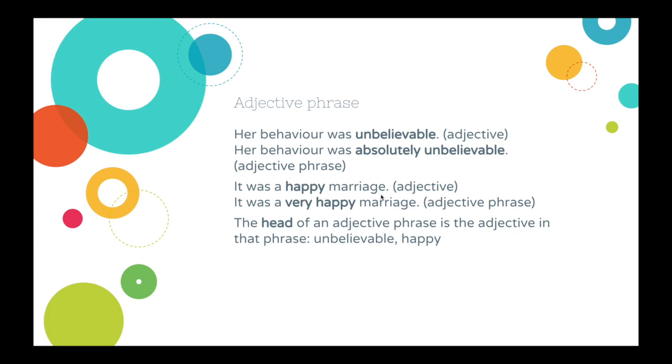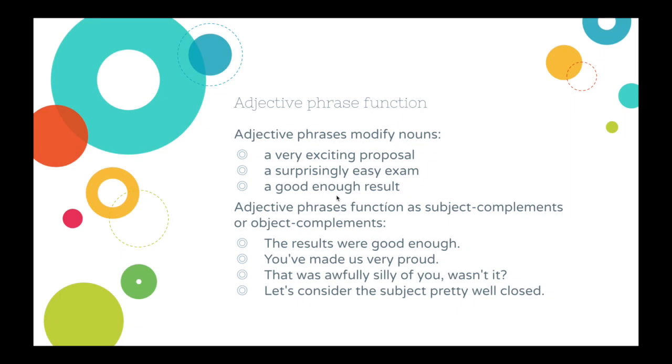Okay, happy is a word, so it is an adjective, but can also be an adjective phrase. While very happy, which consists of two words, it's an adjective phrase. Okay, and the head is happy, obviously. Okay, they modify nouns.